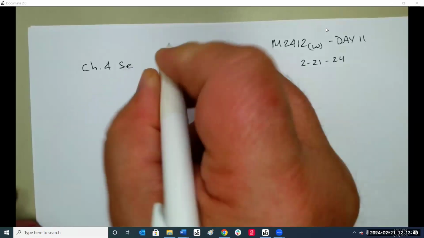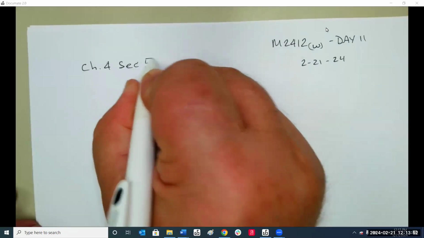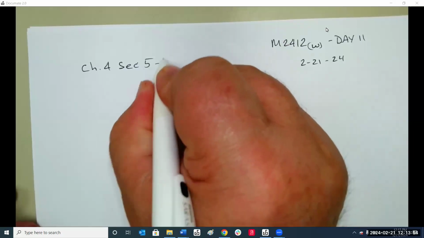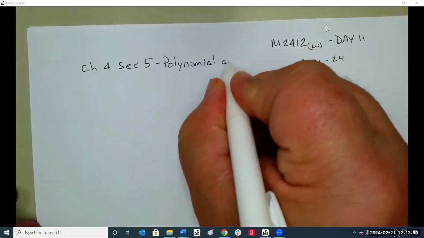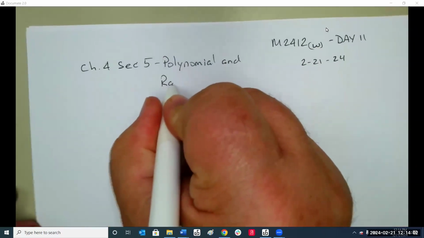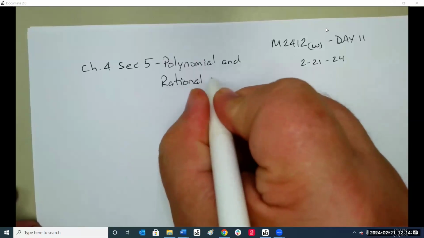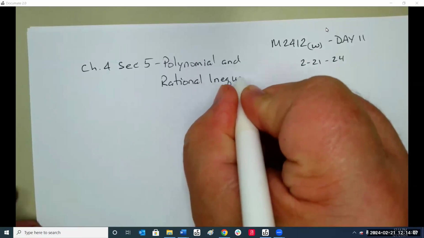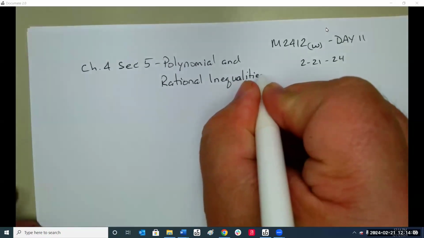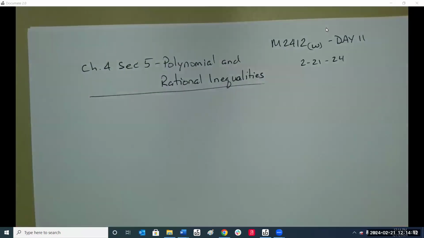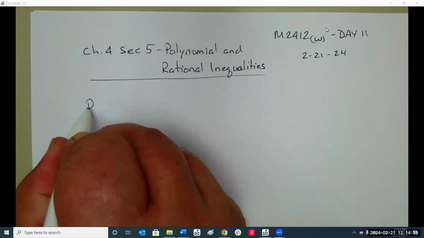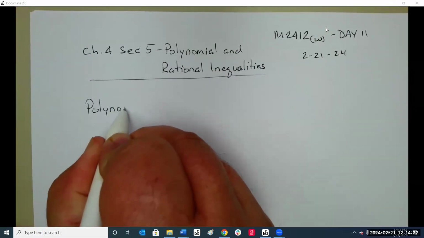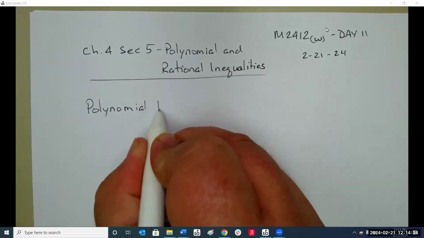Chapter 4, Section 5: Polynomial and rational inequalities. First off, let's look at polynomial inequalities.